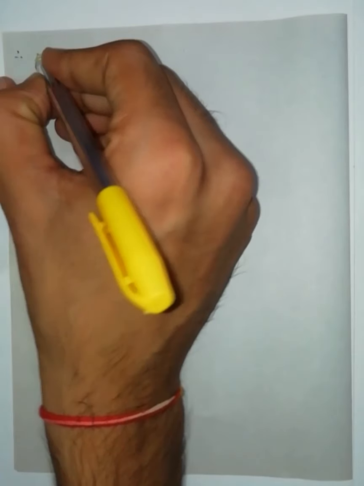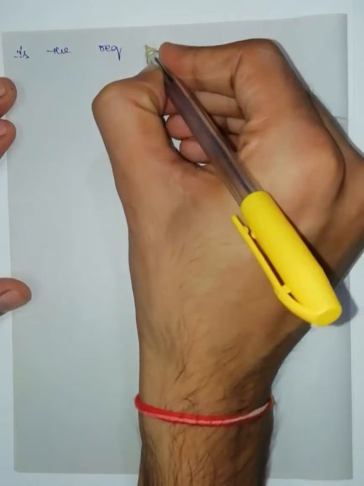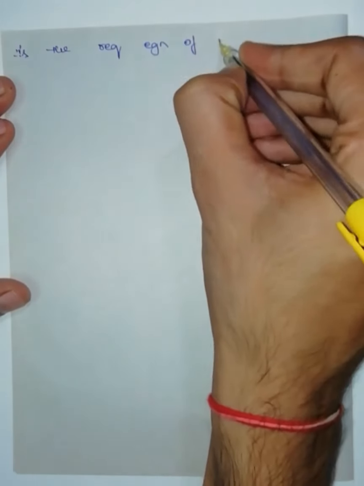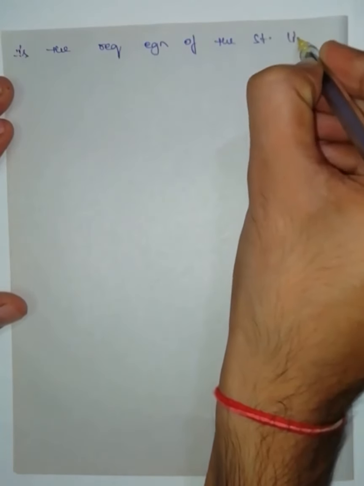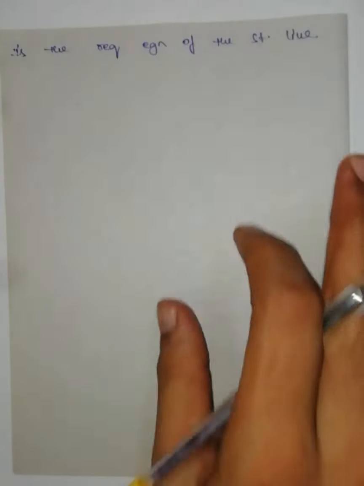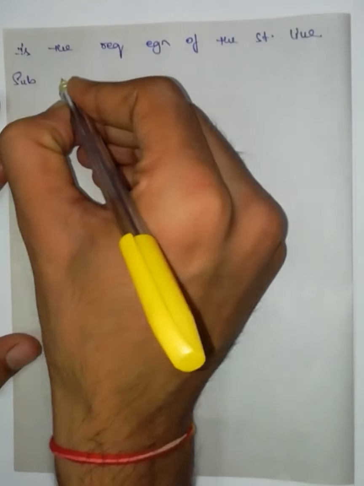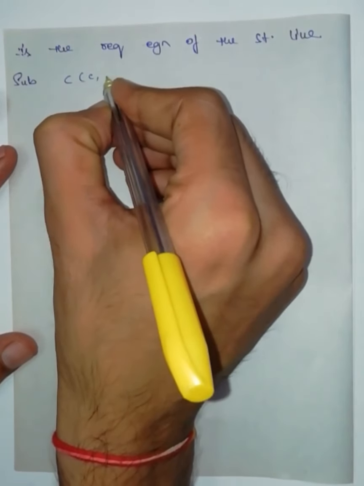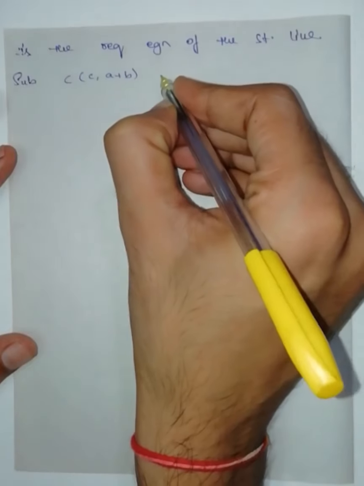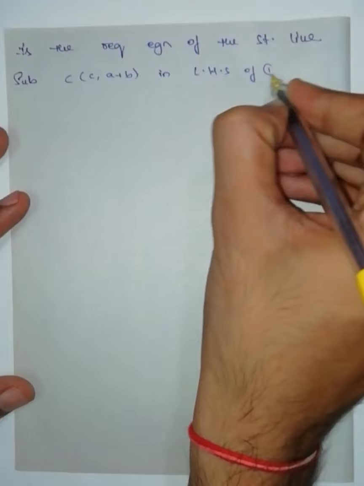Therefore, equation 1 is the required equation of the straight line. Now substitute the point C and check whether it is collinear or not. Substituting C comma a plus b in LHS of equation number 1.